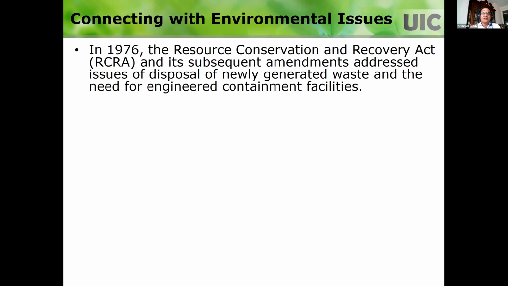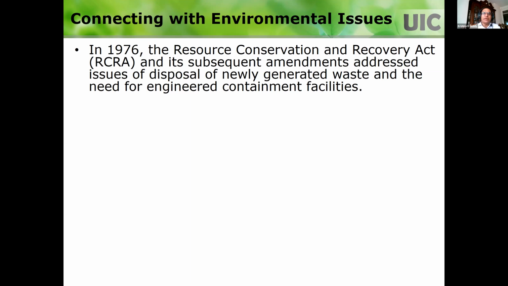So in 1976, the US Congress passed a new law called the Resource Conservation and Recovery Act, RCRA, pronounced RCRA. There were some other amendments in the following years to correct some issues, but this law was passed mainly to control disposal of waste.